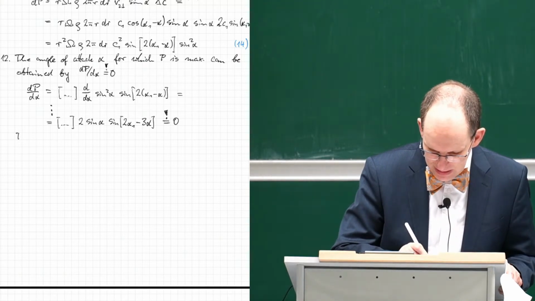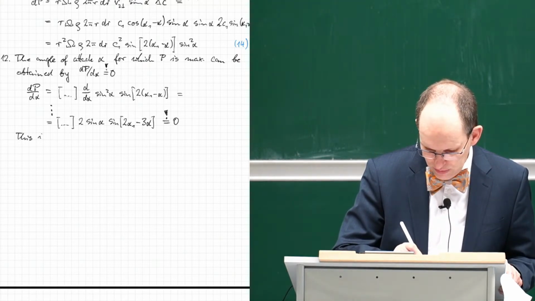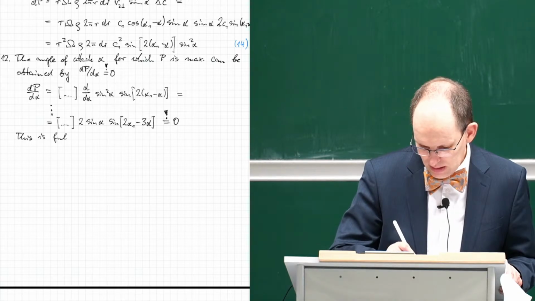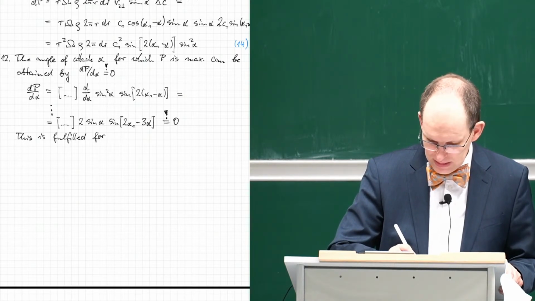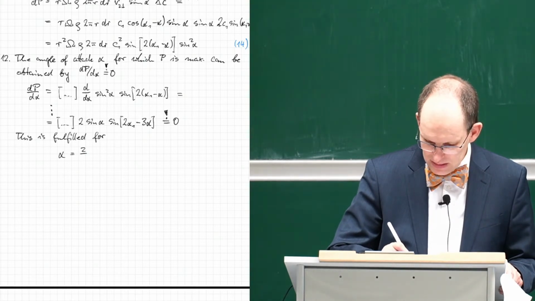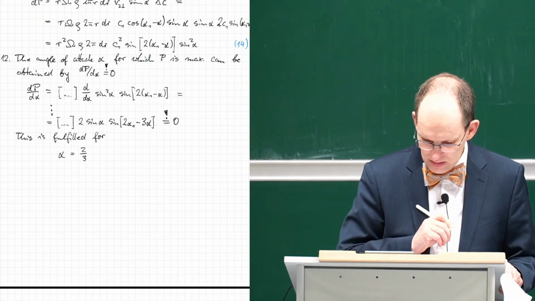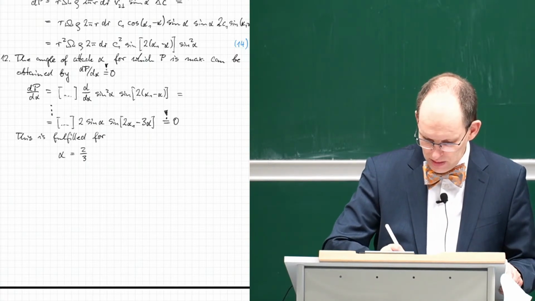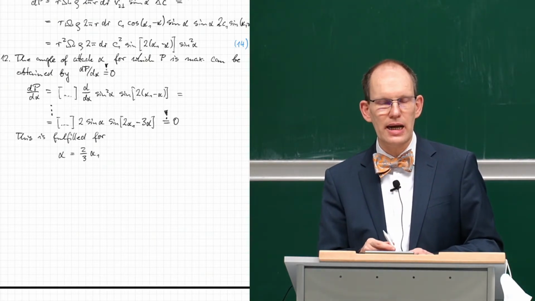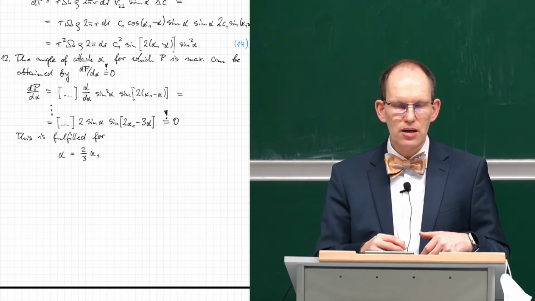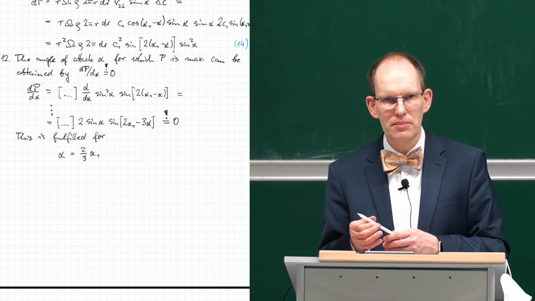So we can write that this is fulfilled for alpha equals 2/3 of alpha 1. And you can consider this here as the justification of using the arithmetic mean.